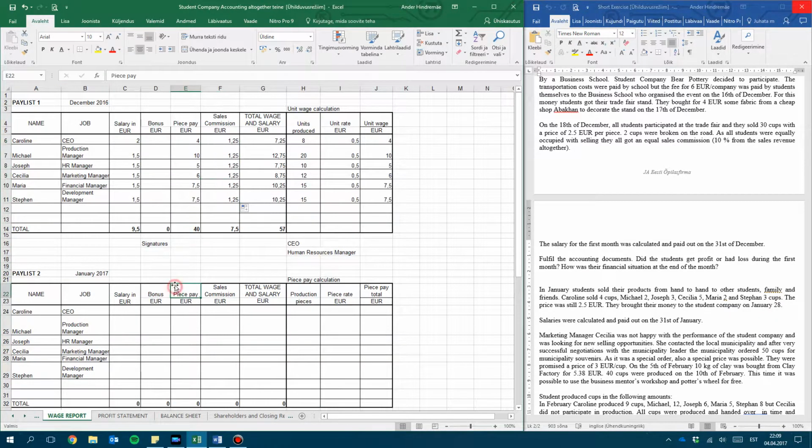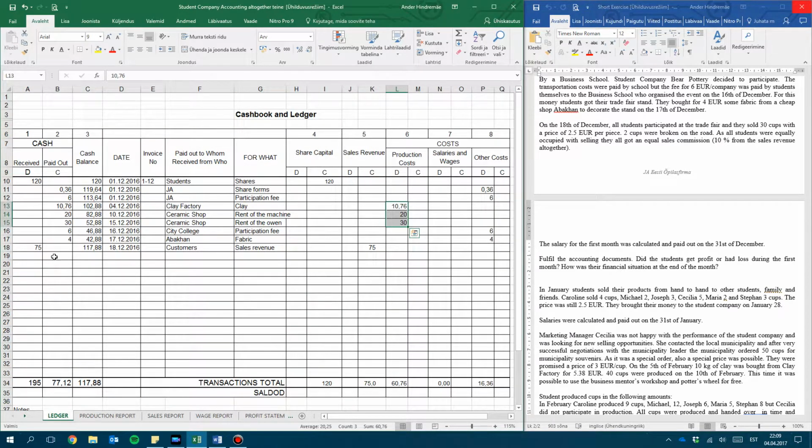Let's go back, which means that altogether they paid out 57 euros of salaries. And we have to actually add it to the ledger again because it is money going out from the company. 57 euros, that's 16.88. The date was 31st.